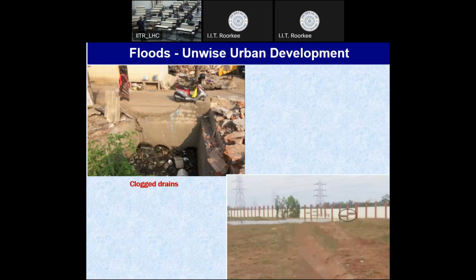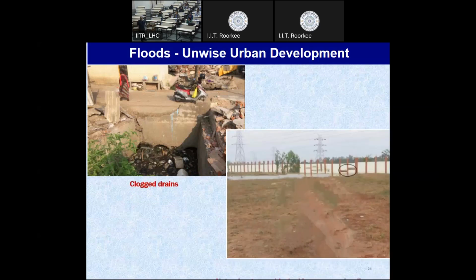Another example is the boundary walls or compound walls which we construct. So this here is a compound wall. Earlier maybe water was flowing like this, which was a low-lying area, but very smartly people constructed boundary walls. And so water now cannot go from this place to this place. What happens during flood periods when the flow is high, water will be piled behind these walls.